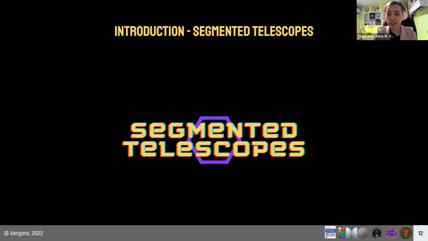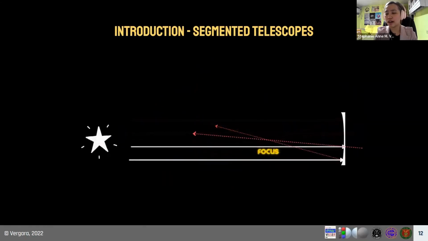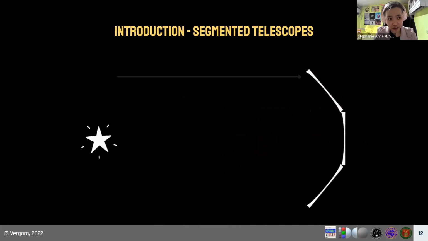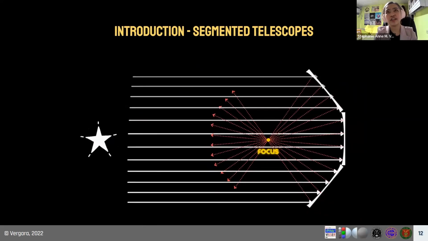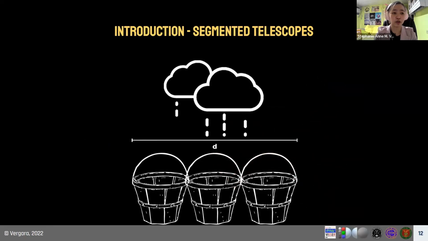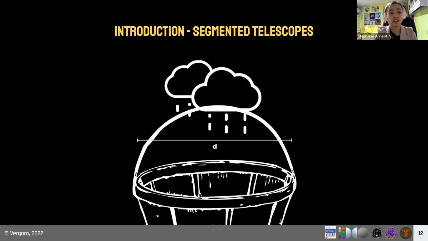A segmented telescope works by multiplying the amount of light gathered through additional segments. You can think of it as increasing the number of buckets to collect the rainwater instead of using a large one.